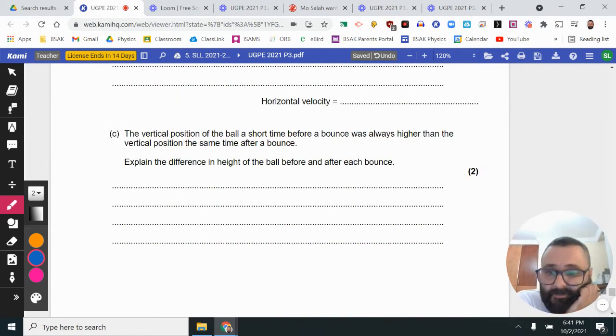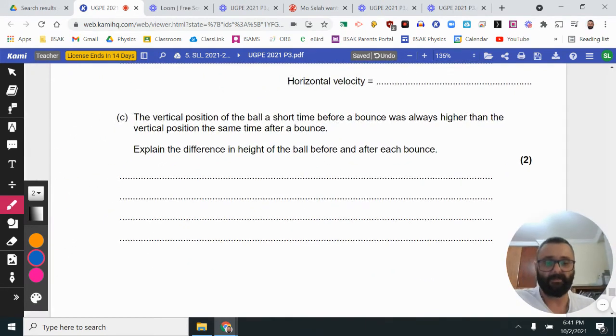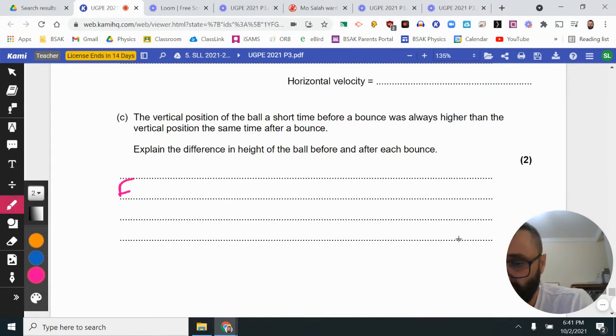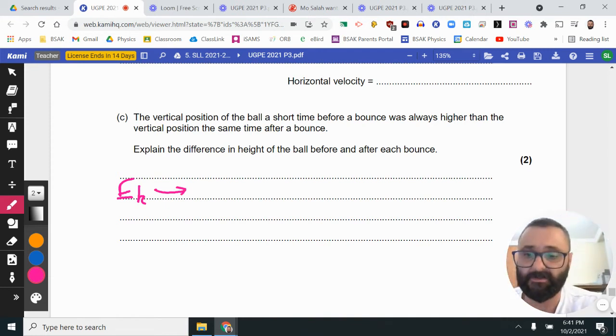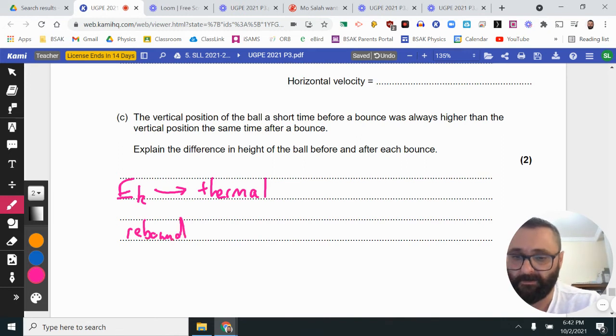Anyway, is this the last bit almost? Right, vertical position. Explain the difference in height. Don't just say energy loss to surroundings. Because there's 2 marks available here, so we need to really describe and explain the physics a bit more than that. So during the bounce, some of the kinetic energy that it hits the ground with is turned into thermal, which means that it will rebound at a lower speed.